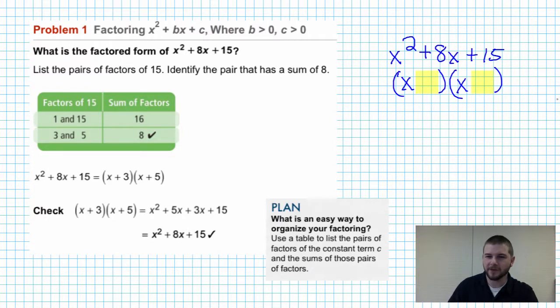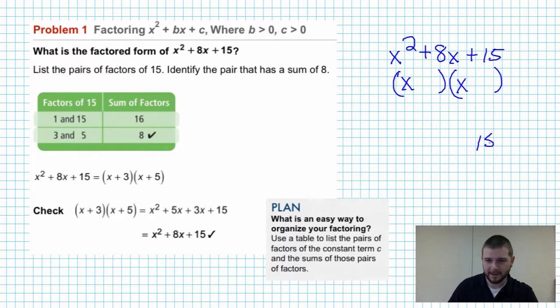But I know that those two constants must, when multiplied, equal 15. At the end of FOIL is L, or multiply the last terms, and those last terms' product ends up being 15. So two values that when multiplied equal 15.